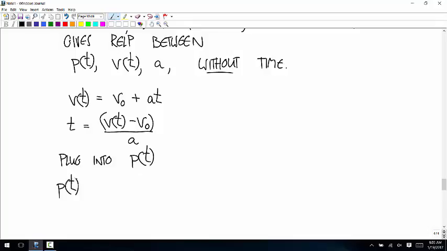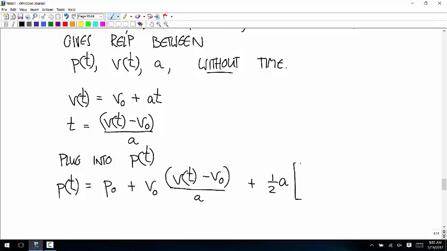So position as a function of time is equal to p0 plus v0 times the quantity v minus v0 over a, plus 1/2 a times the quantity v minus v0 over a squared.